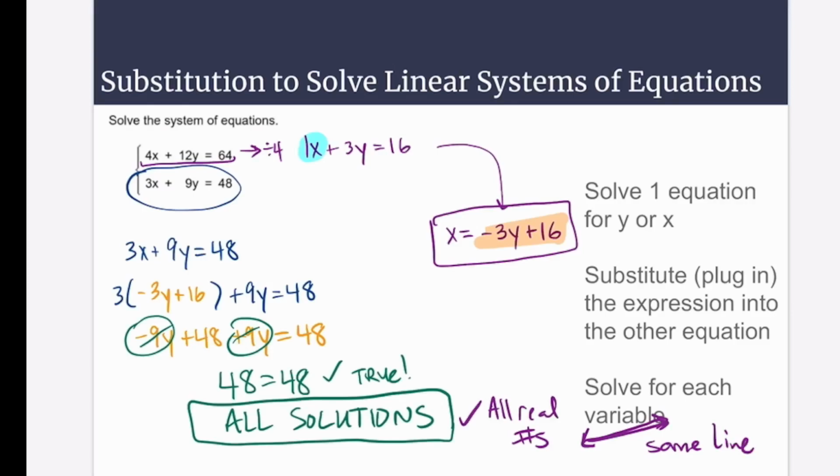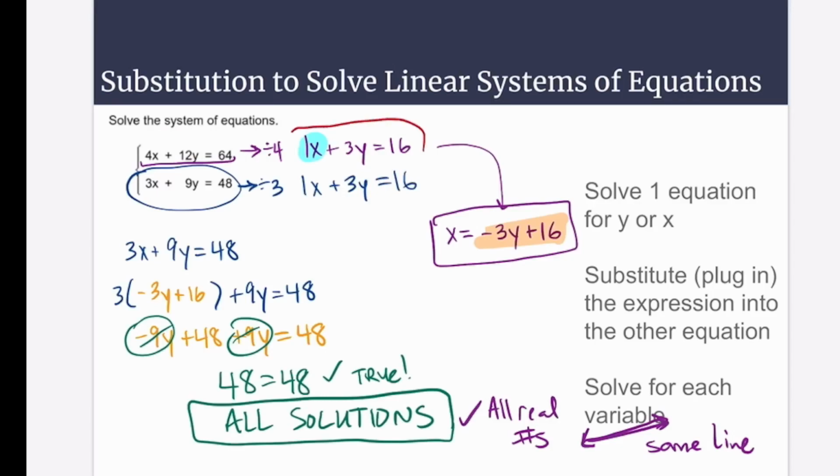So what I didn't do before, because I kind of noticed that immediately, if we go back to the beginning, I noticed in the first equation I could divide by 4. I could do the same thing to the second. Those are all divisible by 3. And if I divide those by 3, I would get 1x plus 3y equals 16.